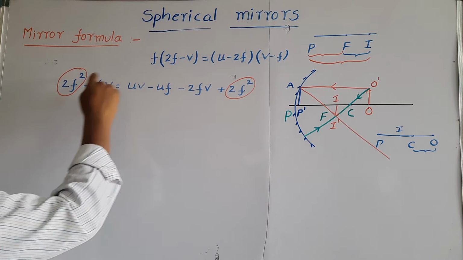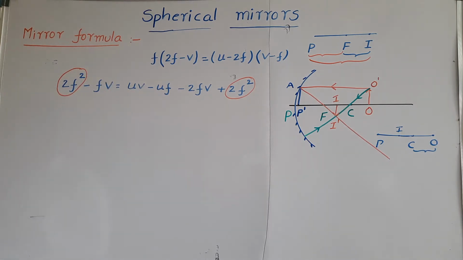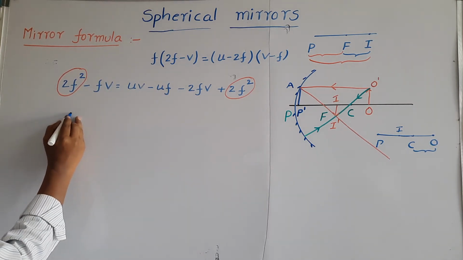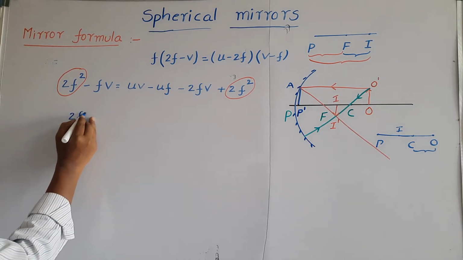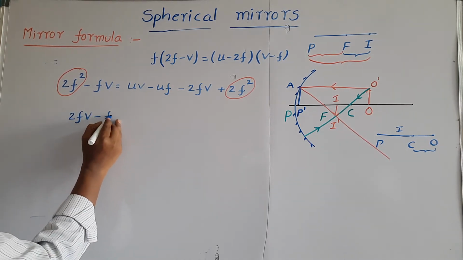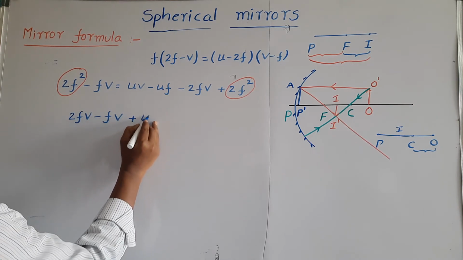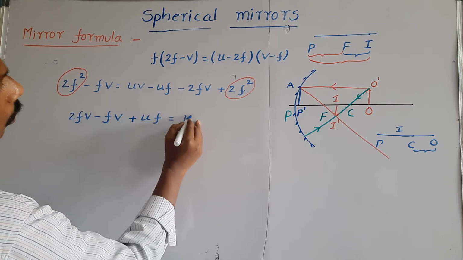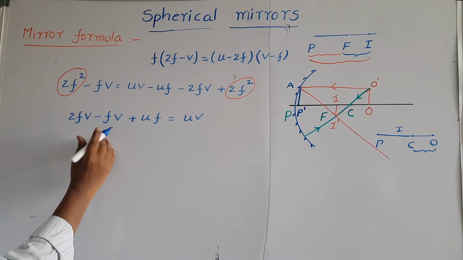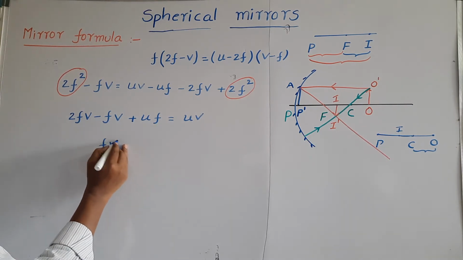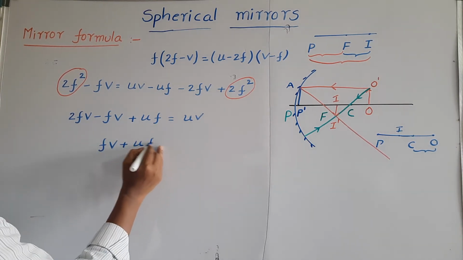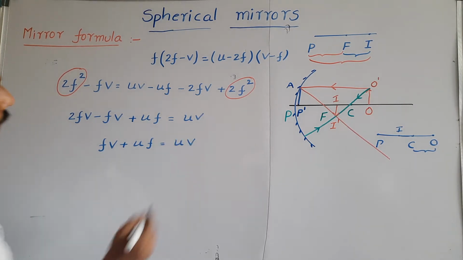2FV take this side. So then we get 2FV minus FV, and UF also take this side. It becomes plus UF is equal to UV. 2FV minus FV is equal to FV plus UF is equal to UV.